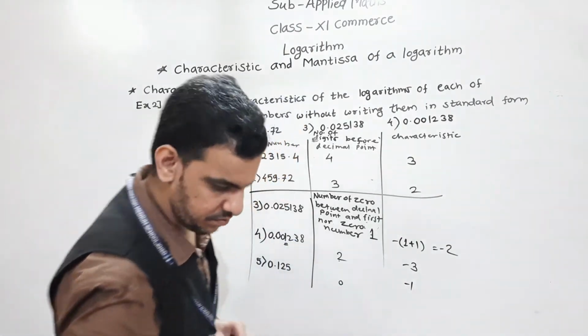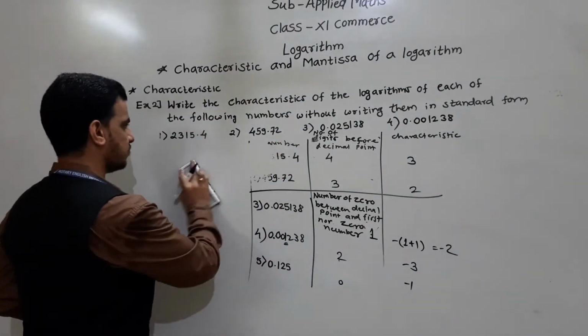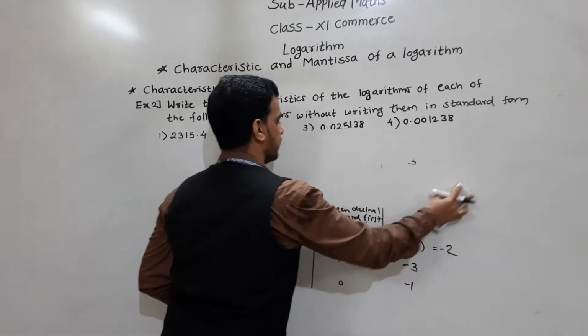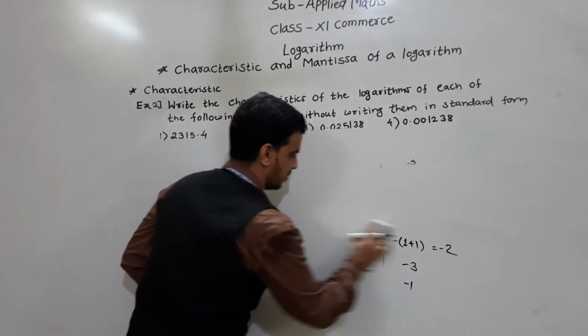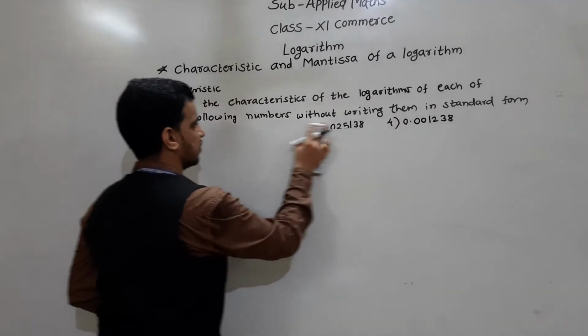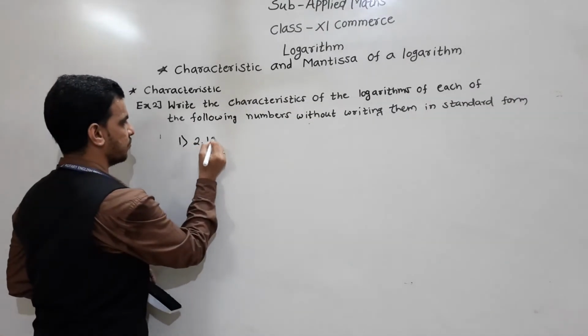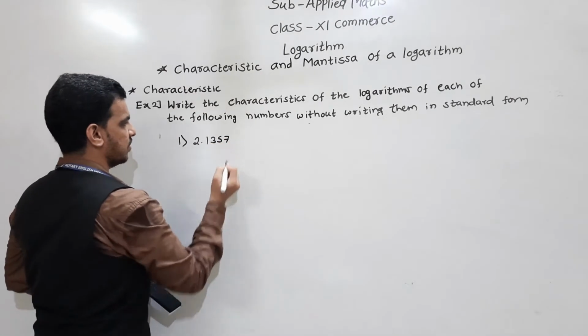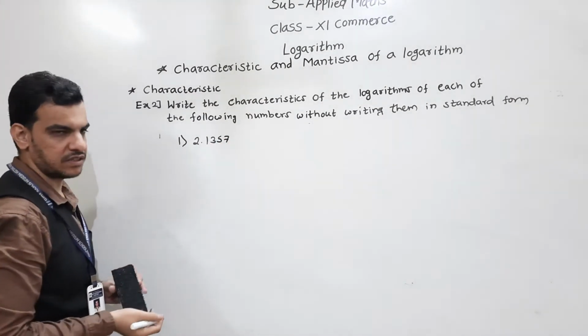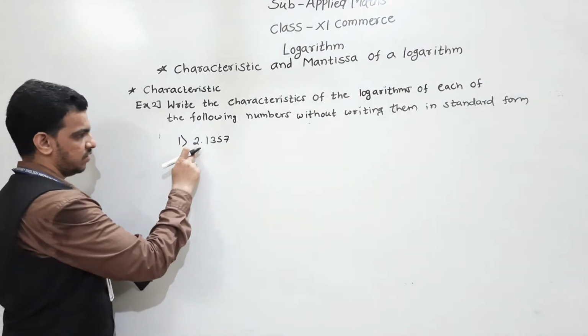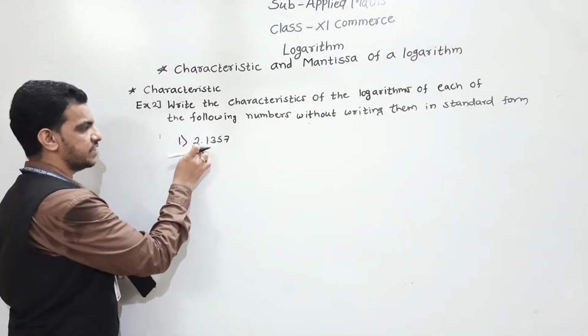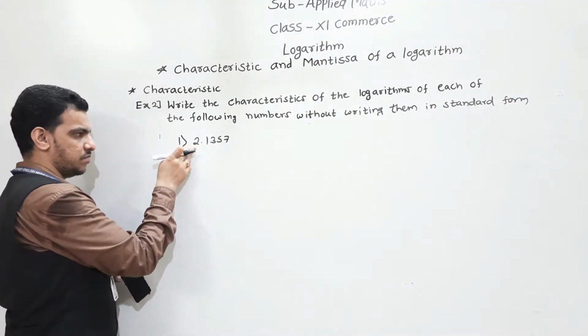So we will take some examples here, randomly. Suppose the number is 2.1357. Now what is the characteristic? This number is greater than 1. So how many digits before the decimal point are there?